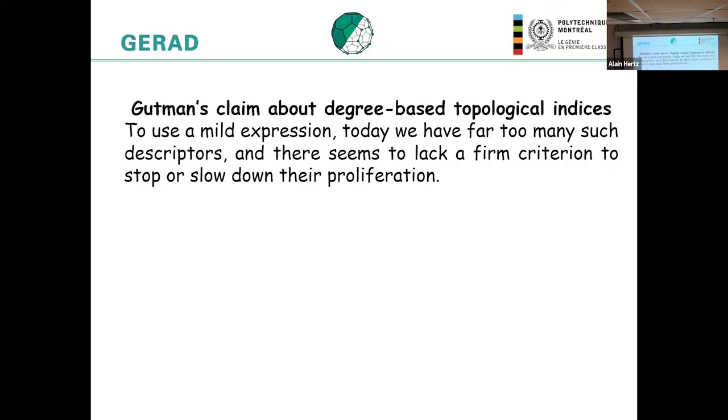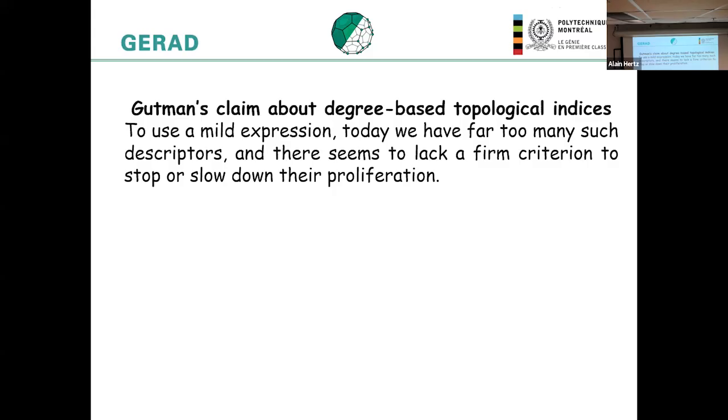Voilà. So, we started our research because of the claims that Gutman made about these degree-based topological indices. He said, to use my expression, today there are too many such descriptors, at least 50, but I think 100. And we have to stop the proliferation of these topological indices, because they are not very different.